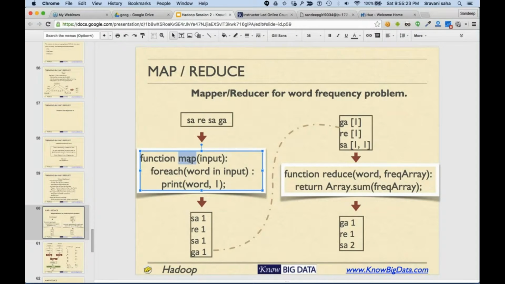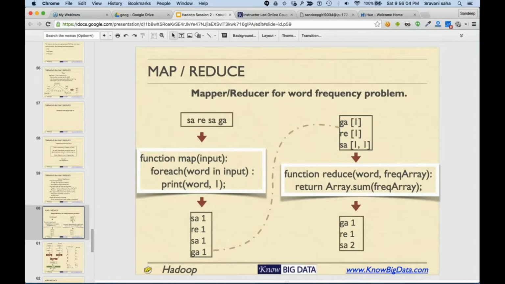It's not doing anything else. For every line, when the map function gets called, it's going to split the input line into words and then print out word comma 1 for every word. Then this gets converted magically into this by Hadoop. You see this dash line?